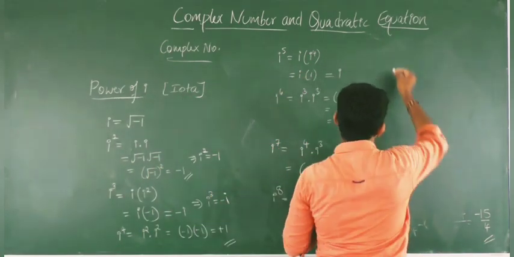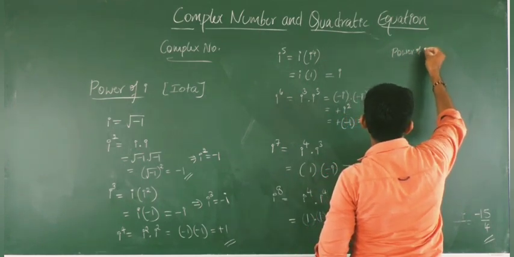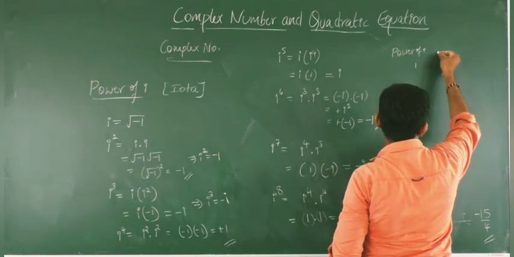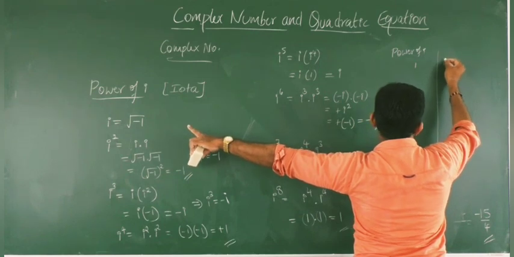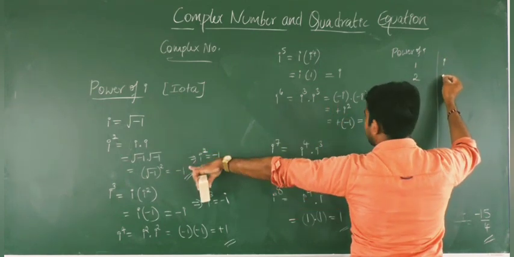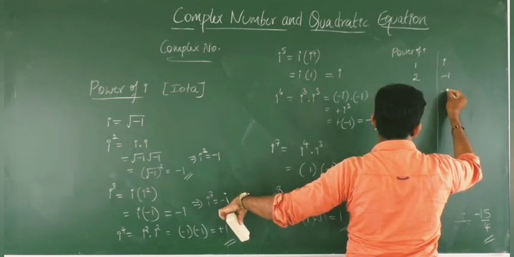If you write the powers of i, if you have the power 1, then its value is what? i itself, root minus 1 means i. If power 2, minus 1. If you have power 3, minus i.